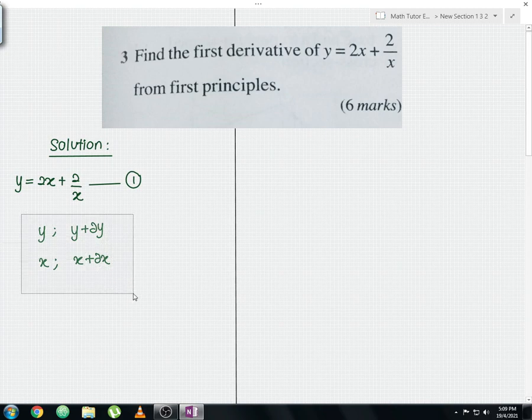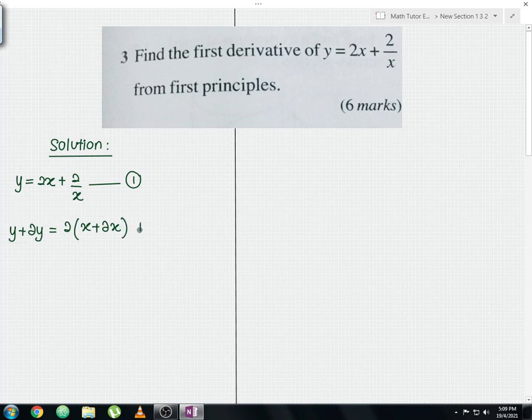So let us continue. From here, y plus delta y will be equal to 2 in a bracket x plus delta x, close bracket, plus 2 over x plus delta x. Let me underline the fraction over here.